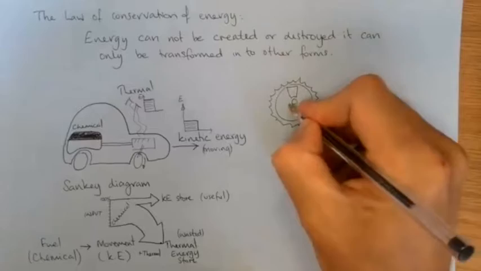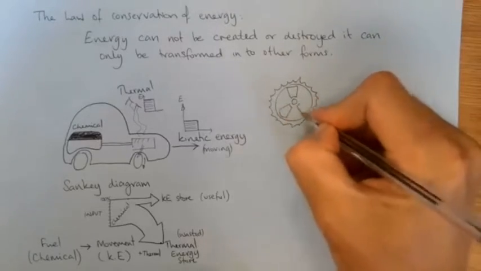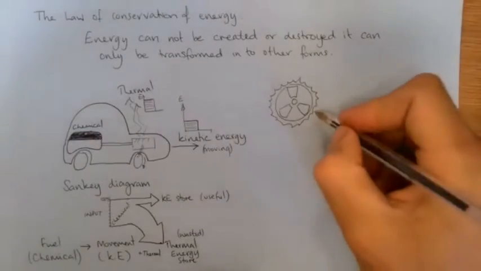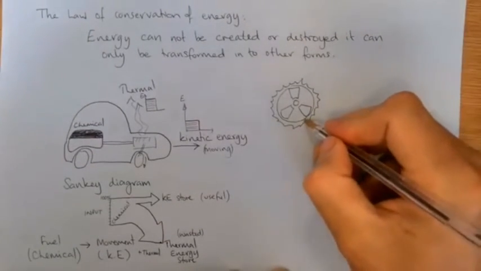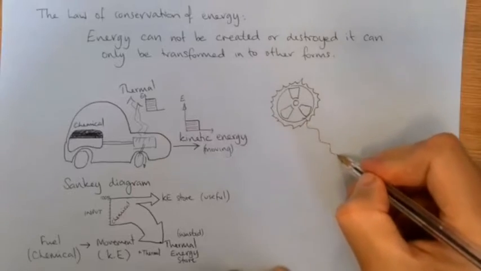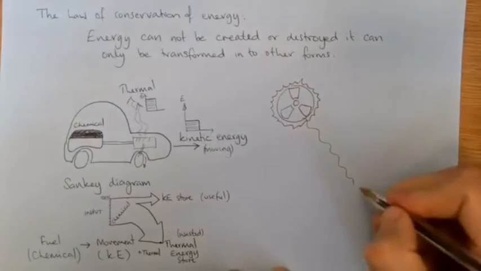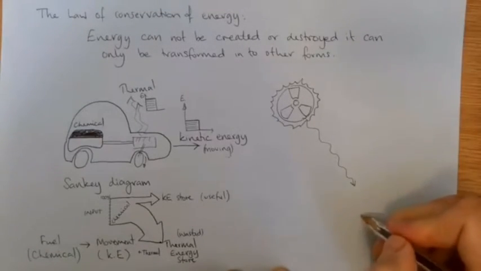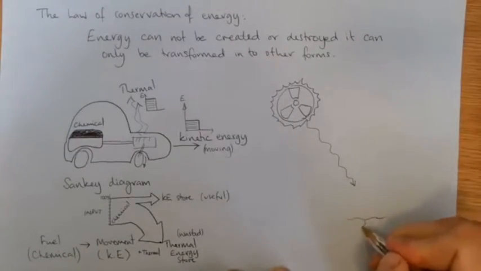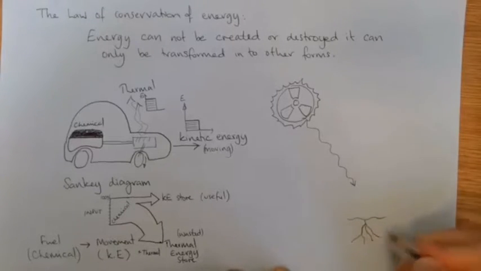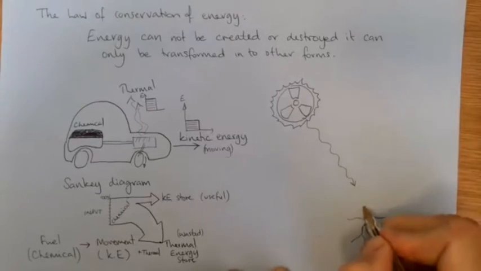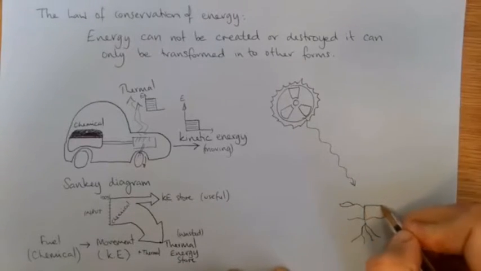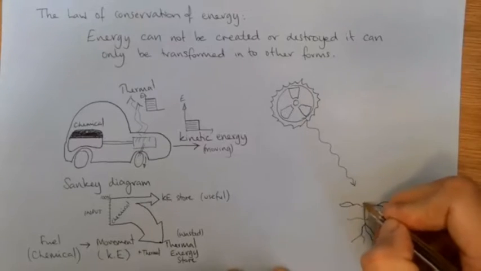It's like many nuclear reactions which give off loads of energy, and that energy is transferred to the earth as light, and then plants transform that into chemical energy through photosynthesis.